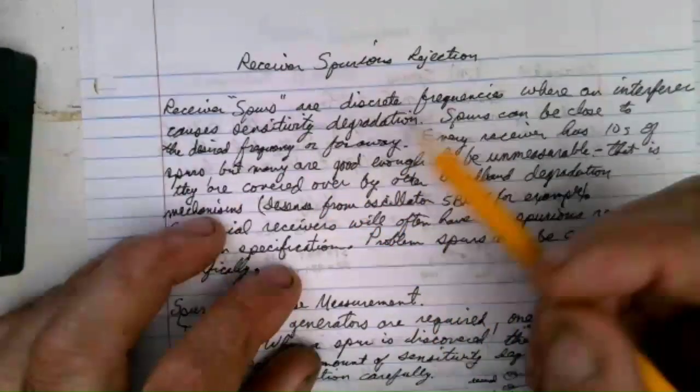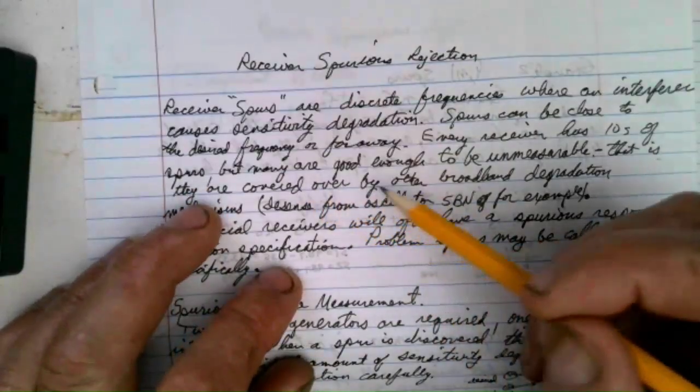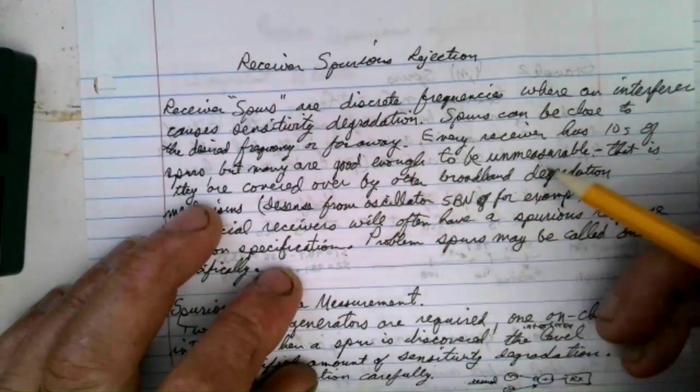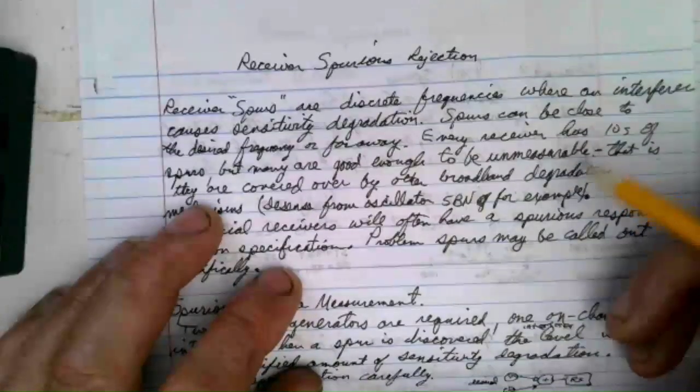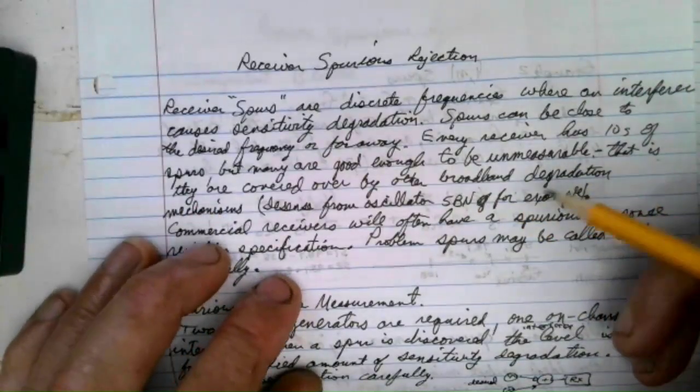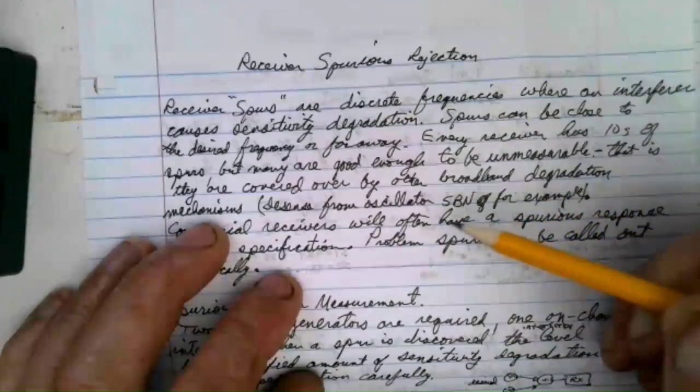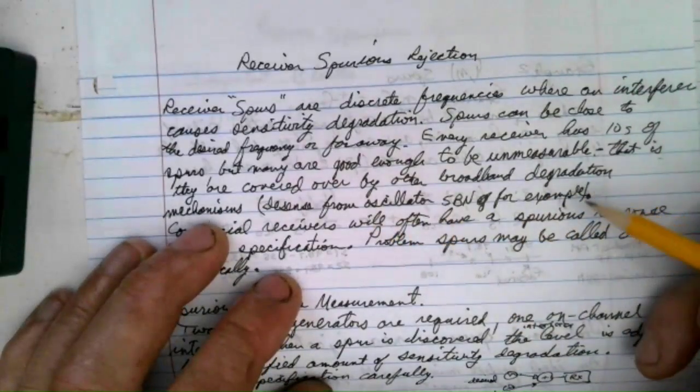Every receiver has tens of them, but many are good enough to be unmeasurable, higher order ones. They may be covered over by other degradation mechanisms, like oscillator sideband noise, for example.